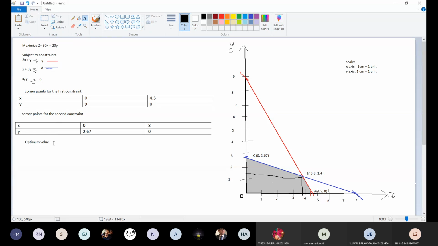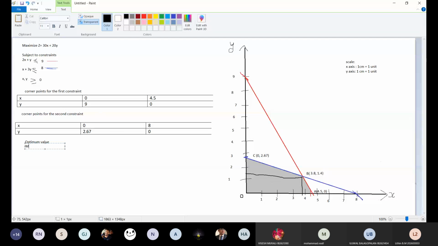Okay. What is Z? Maximize Z. So here we know that Z is 30x plus 20y for corner point A. 30 into what is x? 4.5.